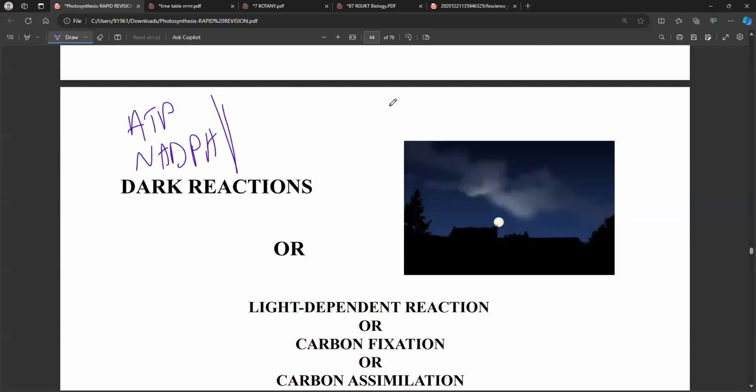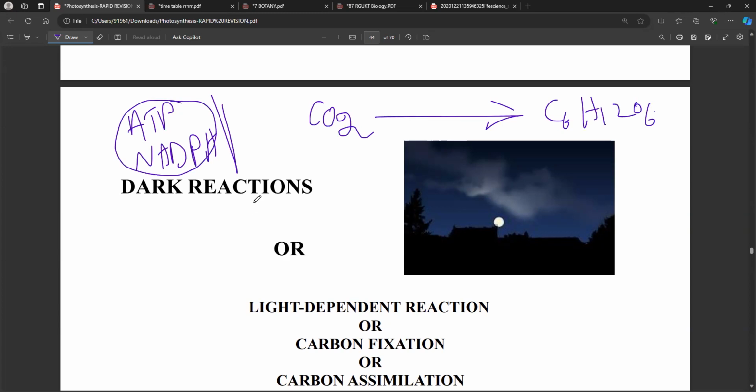Now, but production of energy is not the ultimate goal for the plant body. What is the ultimate goal for the plant body? The ultimate goal is reduction of the carbon into glucose. This is the significant goal of the plant. So for that, it produced energy. Now, by using this energy, it is reducing the carbon into glucose.